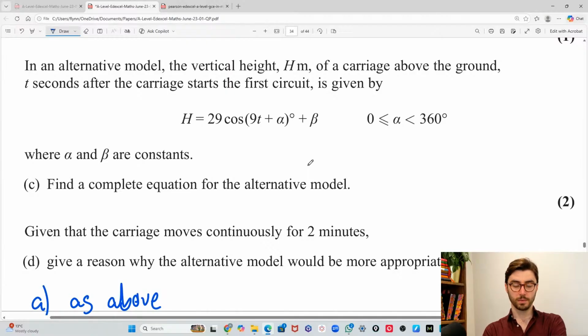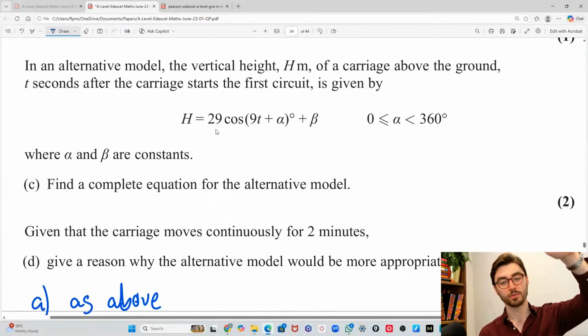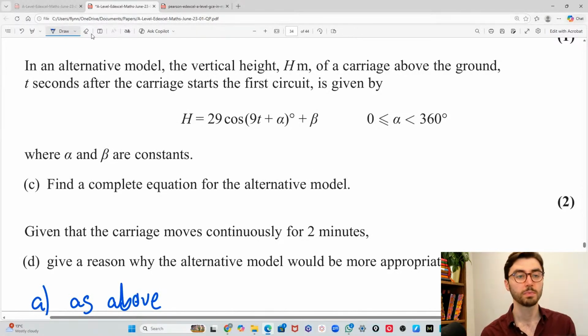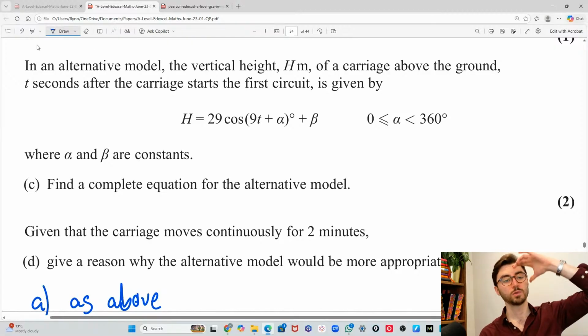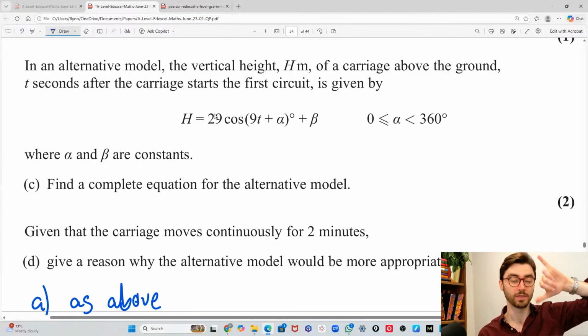Well, let's talk about where this 29 comes from. If we plot this, 29 is the amplitude. The difference between the maximum point and the minimum point is 58, which is what we have. It goes between 2 at the bottom and 60 at the top.